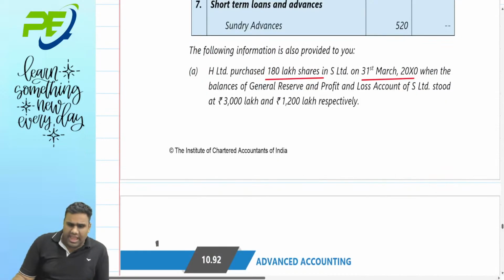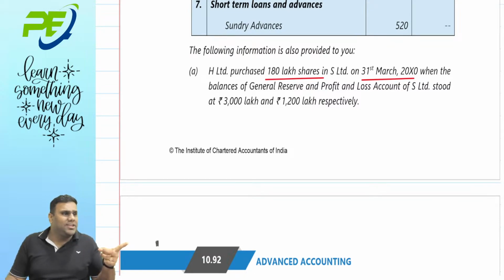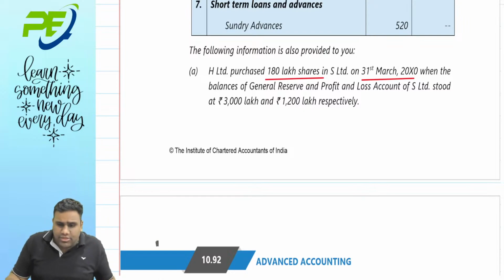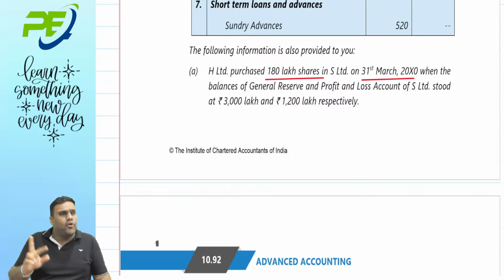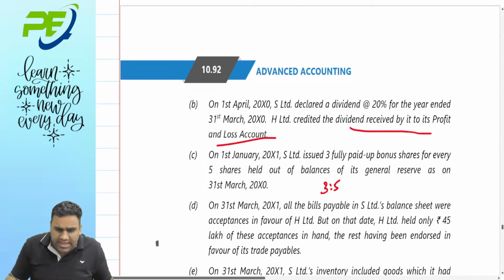So they acquired this on 31st March 20x0. Can I say beginning of the year? Yes, they acquired in the beginning of the year. So is this 180 shares before bonus or after bonus? Before bonus. And bonus was declared in the ratio 3:5.